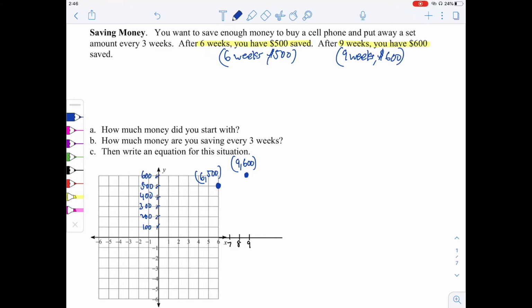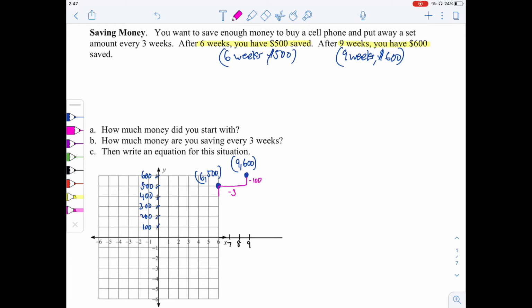Okay, so that's our pattern. Then we're just going to follow our pattern all the way to the y-intercept. So this is going down 1, left 3. This is actually down 100, right? So $100, left 3 weeks.